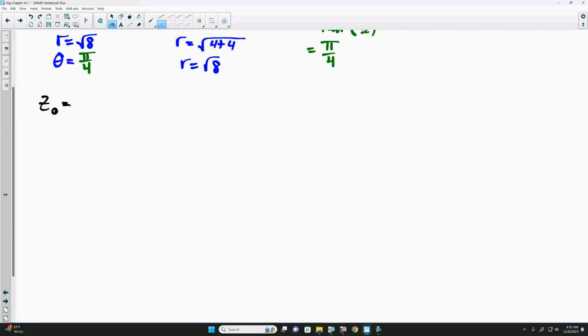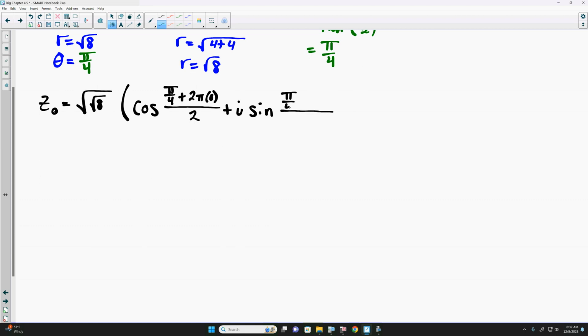Because our z sub 0 is equal to the nth root, so square root of r. So the square root of the square root of 8 times cosine of theta, which is pi over 4 in our case, plus 2 pi times k over n, plus i sine of pi over 4 plus 2 pi times our k value, which is 0 for now, over n.